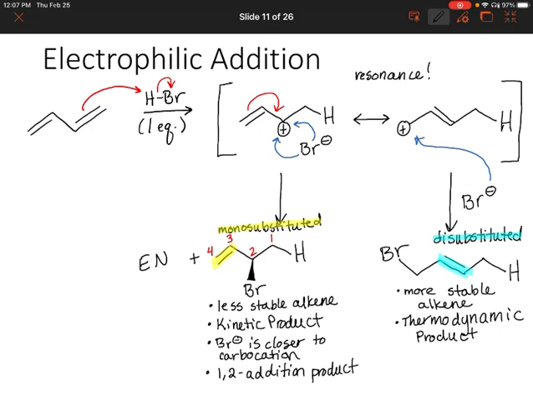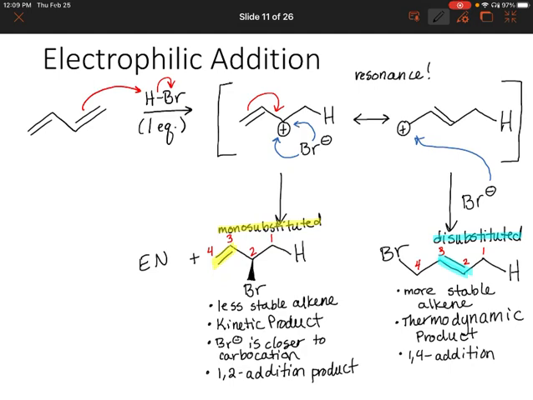If we look at our other product and number the carbons 1, 2, 3, and 4, notice that the hydrogen and the bromine added to the first and the fourth carbon. So this will be called the 1,4 addition product.